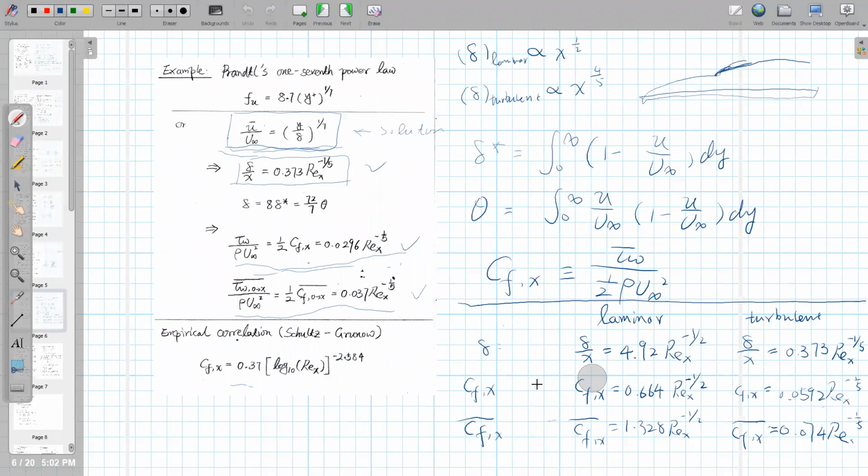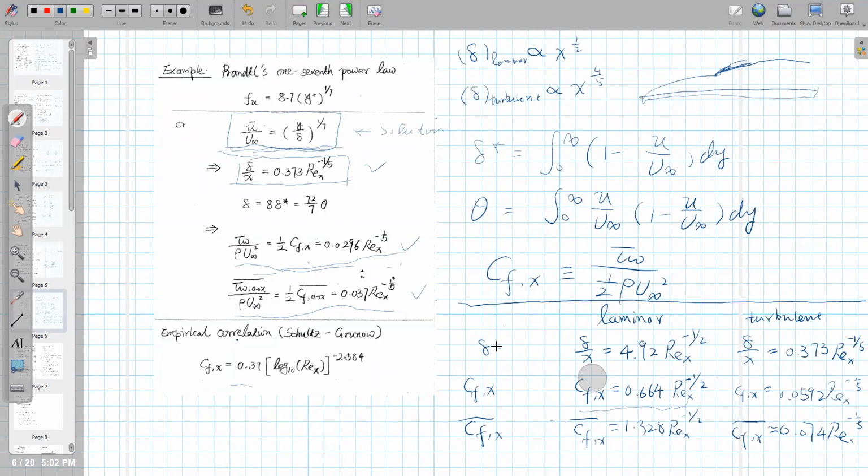Another big mistake. We cannot compare these two directly, because this Reynolds number is not the same, right? You cannot compare this directly because this Reynolds number is not the same. In the laminar cases, you usually have a small local Reynolds number, and in the turbulent flow, you have a larger Reynolds number. Although if you have the same Reynolds number for both cases, this may be larger than it.